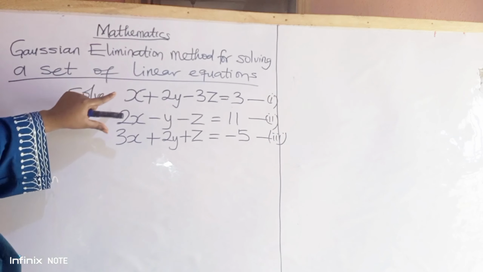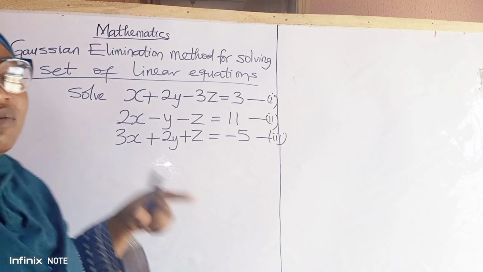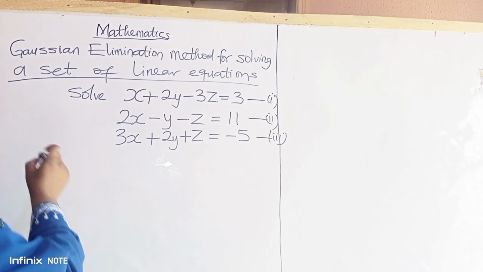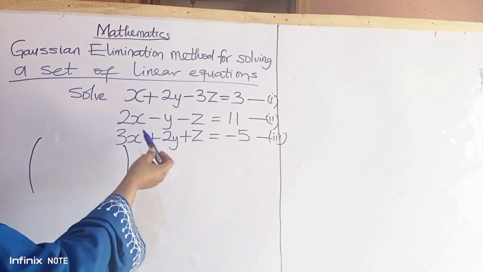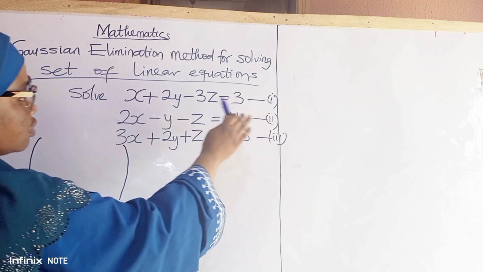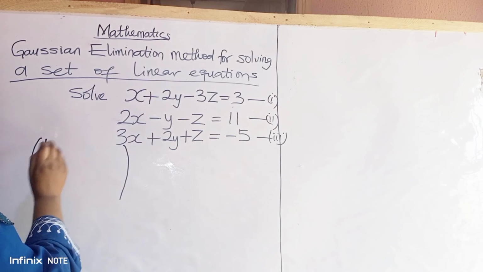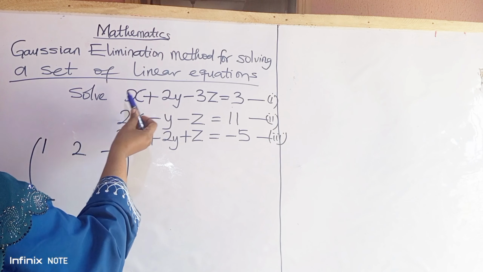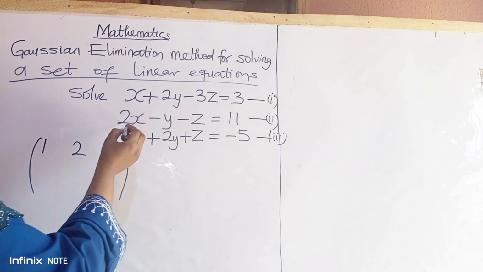Having been given the three equations, the next thing is that we have to write them in matrix form. So let's do that. Let's write the coefficients of the unknowns. For the first equation, we have 1, 2, minus 3. That is the coefficients of x, y, z.